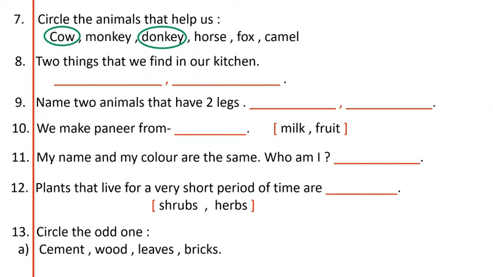Now, what about the horse? Do they also help us? Yes, very good. But how? Yes, they are used for riding and also for transportation purposes, right? Yes, and they even carry heavy loads from one place to another.